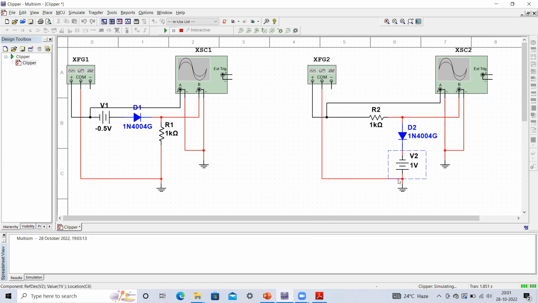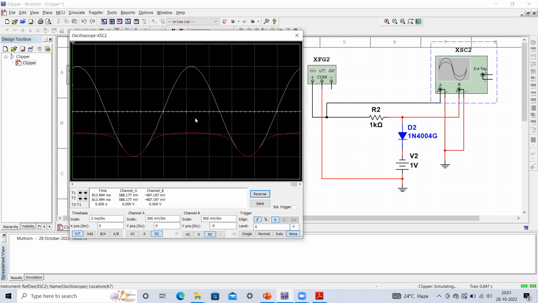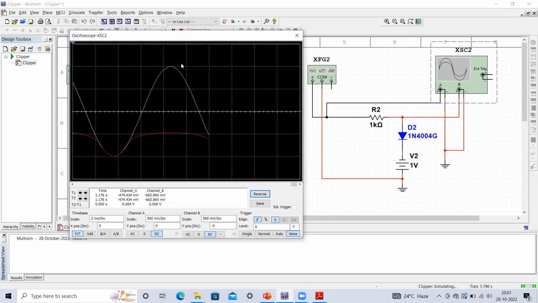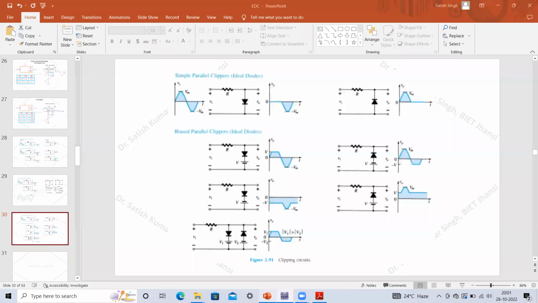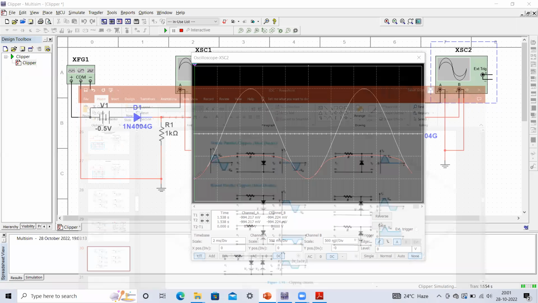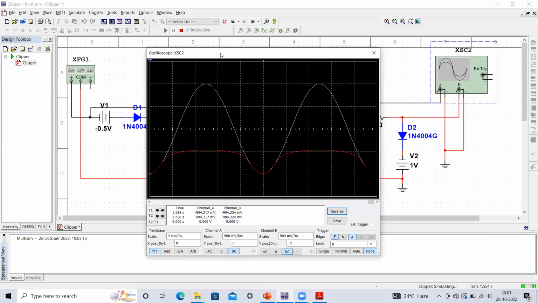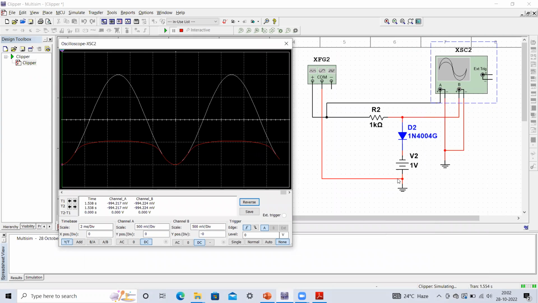Now if you see this waveform, let me stop it and then execute this circuit again. If you do this, you'll get this type of waveform. Now you can see in this picture we have this waveform. This is your shunt clipper with negative bias.